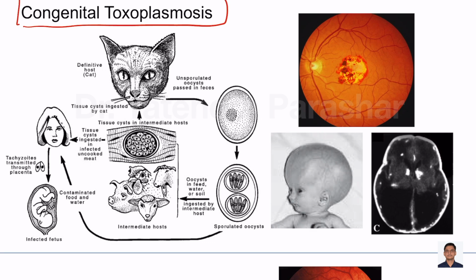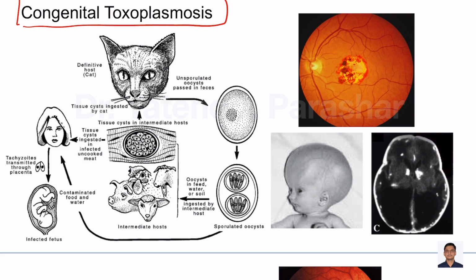Congenital toxoplasmosis is caused by the intracellular parasite Toxoplasma gondii and transmitted transplacentally during the primary maternal infection. The risk of transmission increases with increase in gestational age.